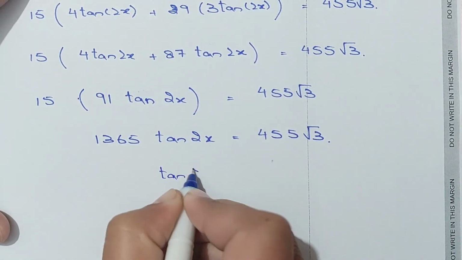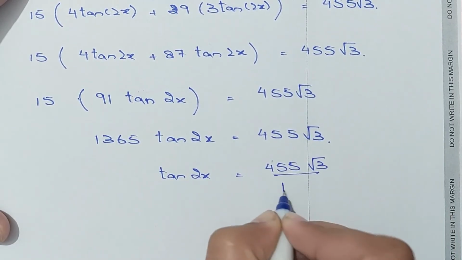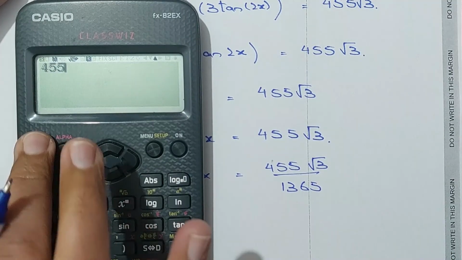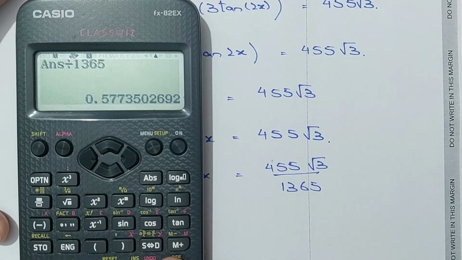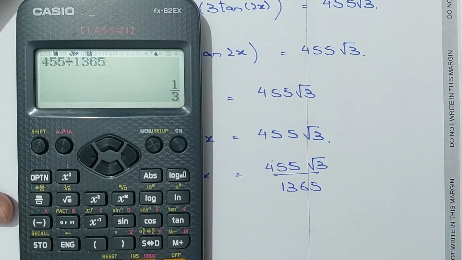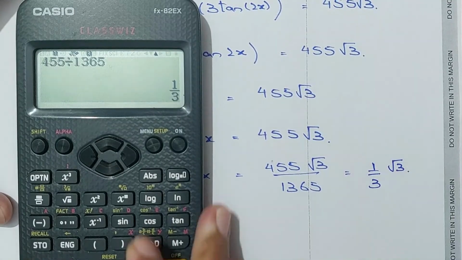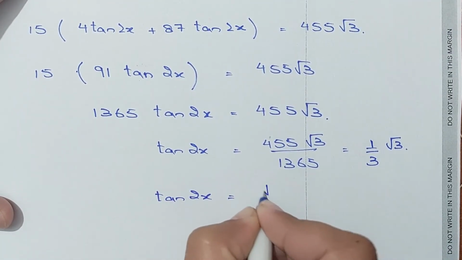So tan 2x equals 455 root 3 divided by 1365. 455 divided by 1365 is 1/3, so we have root 3 over 3.